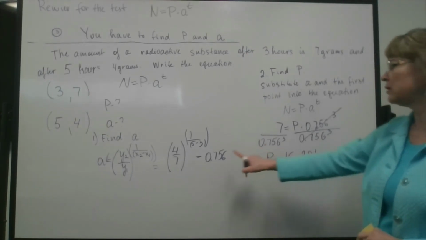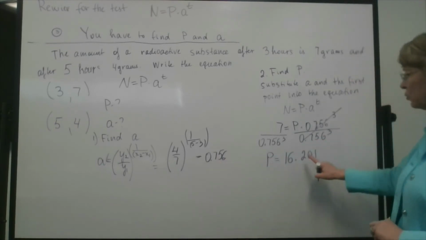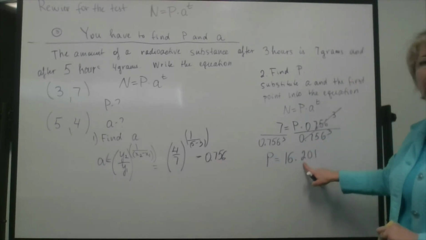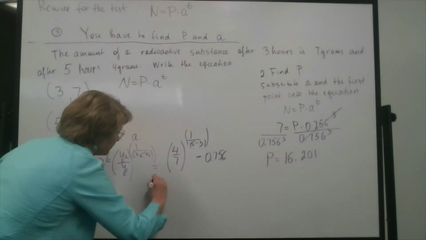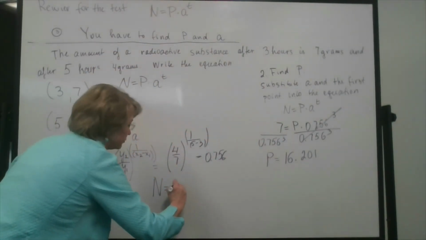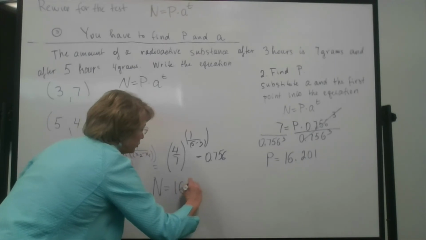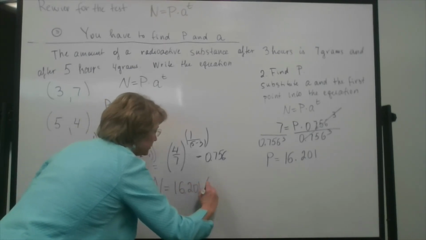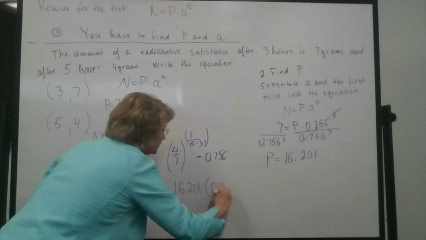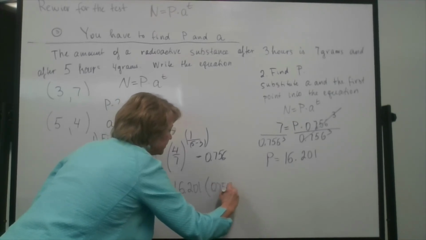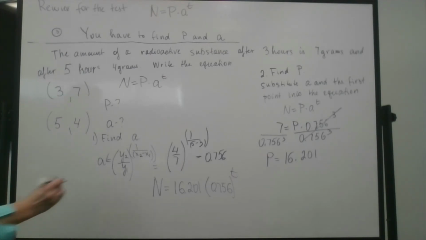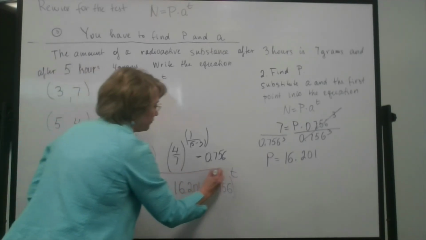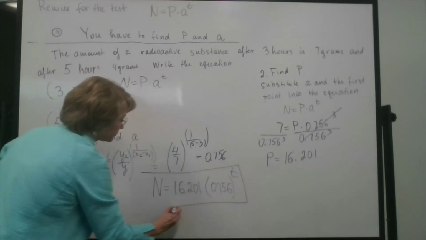Now we know the factor and we know the initial value. We're ready to write the equation down. N is equal to 16.201 times 0.756 to the t power. And this is our final answer.